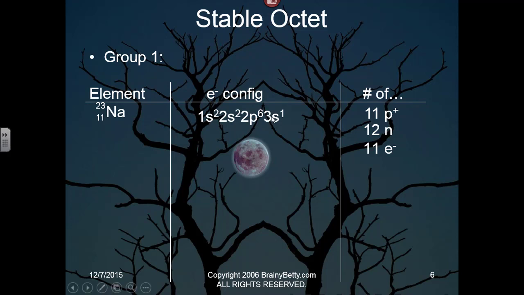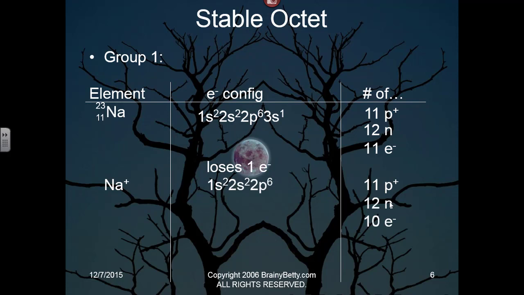But if we think about the other option, energy level 2 down here is already full. So the other option would be lose this last electron, and then level 2 is the one on the outside and it's already full. So which of those do you think would be easier? Gain 7 or lose 1? The answer, of course, is lose 1.